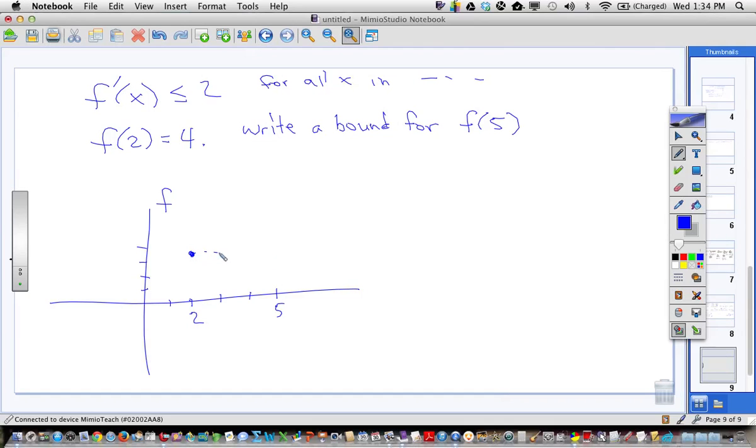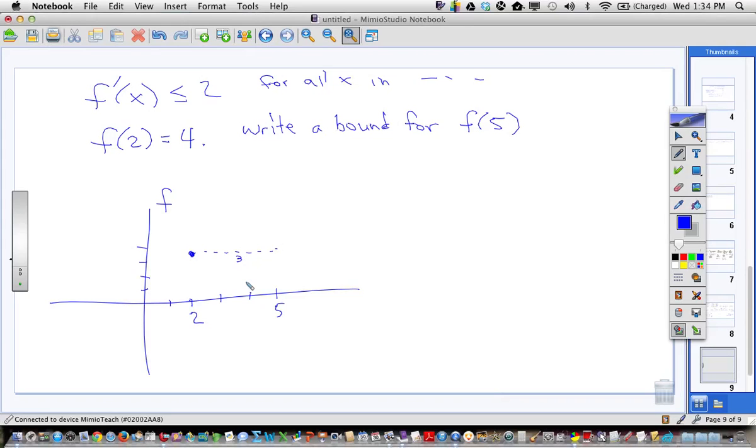Well, I would do it like this. If we're going to go over 3, what do we know about the slope? It's at most 2. So if we're going over 3 and the slope's at most 2, you could go up 6. The most we could go up is 6.